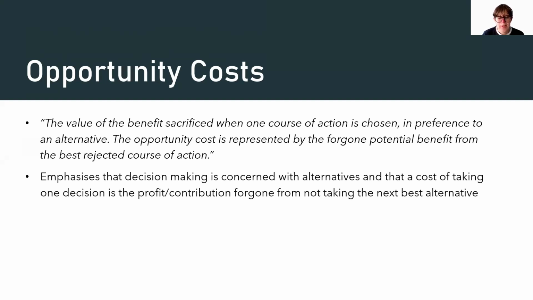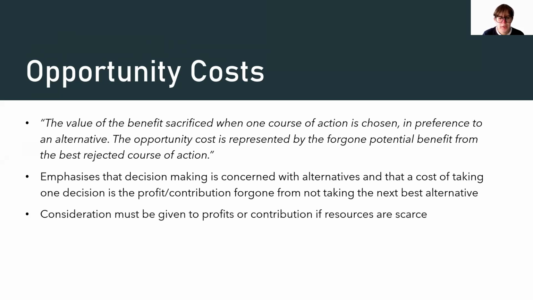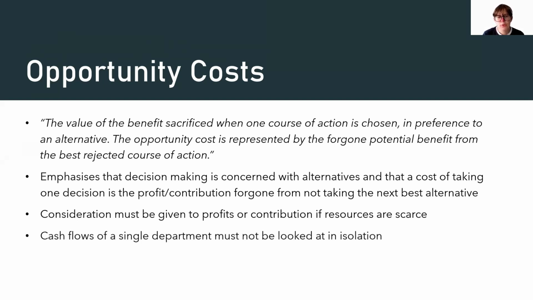It will emphasise that decision-making will be concerned with alternatives and that a cost of taking one decision is the profit or contribution which is foregone from taking the next best alternative. Consideration must be given to profit or contribution if resources are scarce. Cash flows of a single department must not be looked at in isolation either.